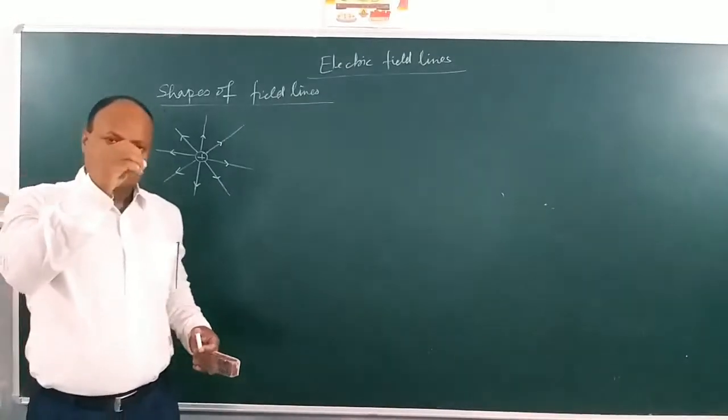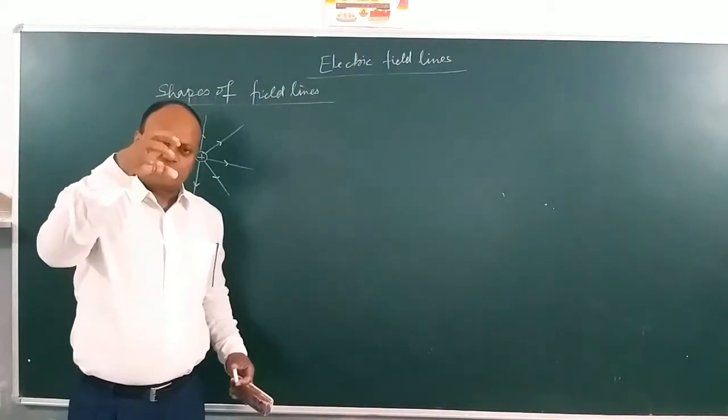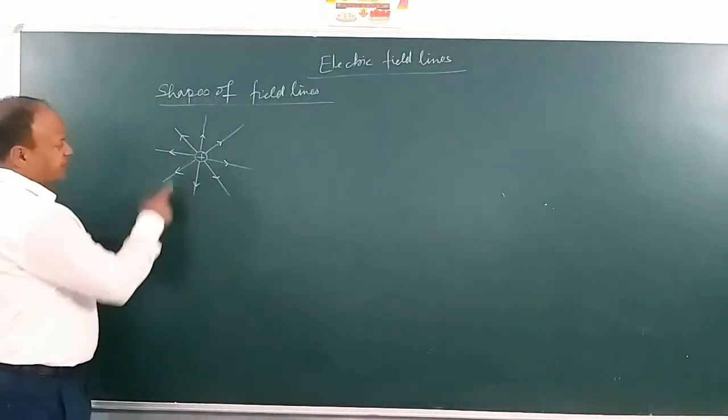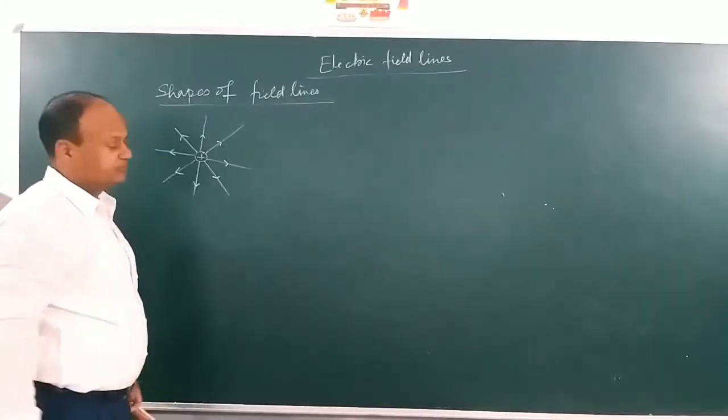So it will be following a spherical symmetry. It will be like a sphere. I can imagine it like this, spreading in all directions. So it will be tracing what? A sphere. And the field lines will be directed away from it.